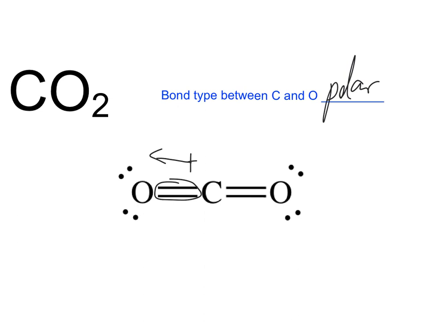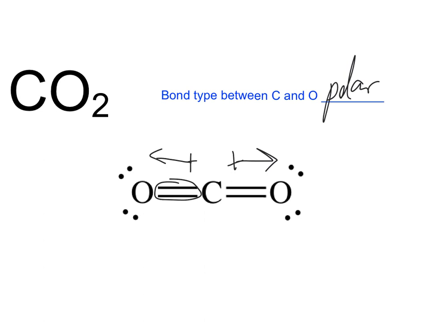But then when I look at the other side, I can say the same thing. The O on the right is going to pull a little bit more than the C in the middle will. So there's this counter arrow in the opposite direction. These two oxygens fighting in opposite directions actually cause an overall even distribution of charge.